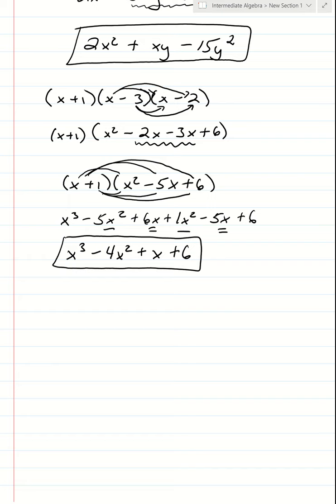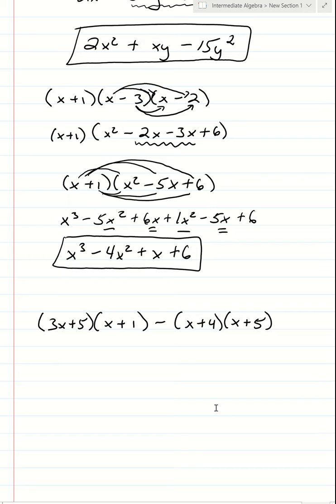For example, what if we had the following? Let's take maybe 3x plus 5 times x plus 1. And with that, I'm going to now subtract x plus 4 times x plus 5.